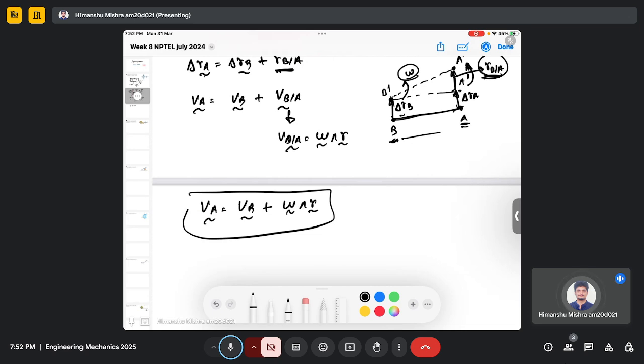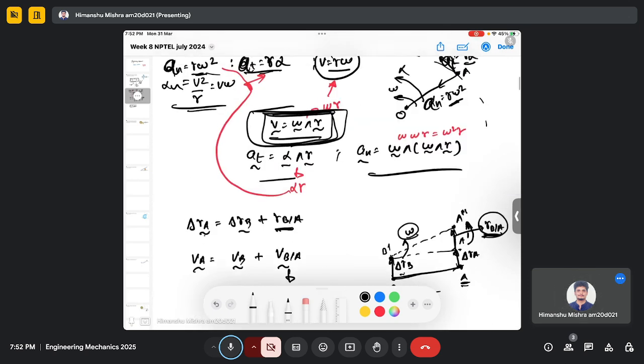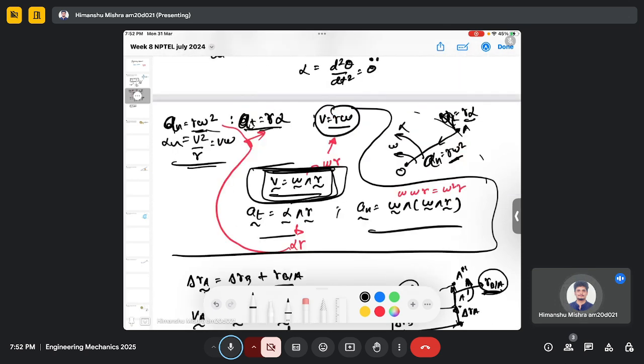So this is the expression when you have 2 points and those 2 points are moving, and you are studying the velocity of one point with respect to the other point. So this is the expression if you have 2 points, and those are the expressions if you have a single point. So we are going to use these equations to solve the problems. So let's solve the first problem.